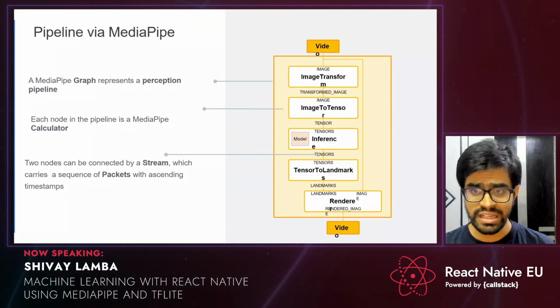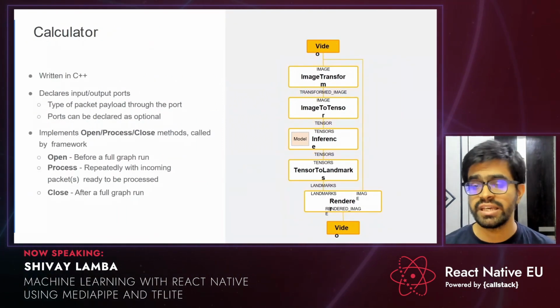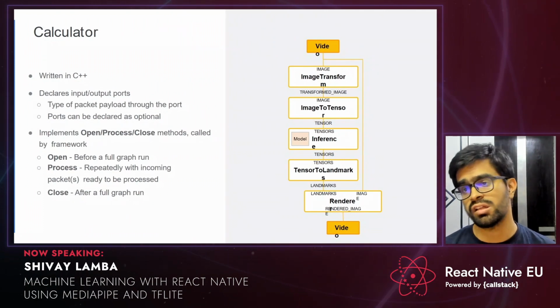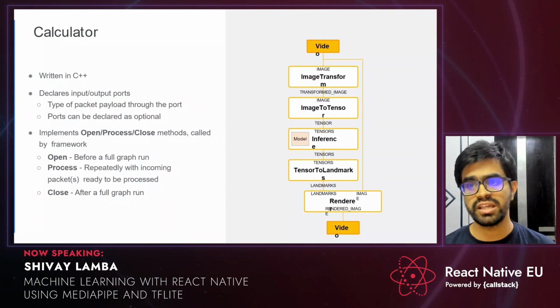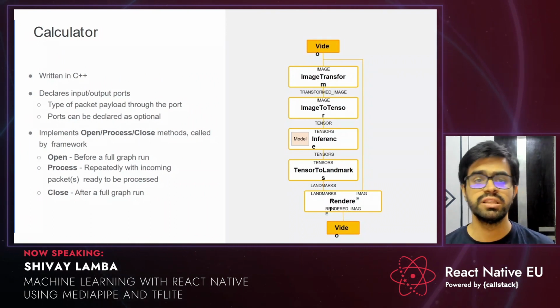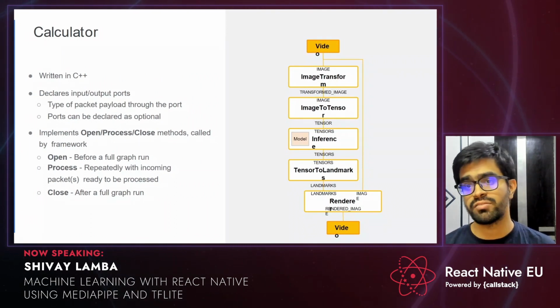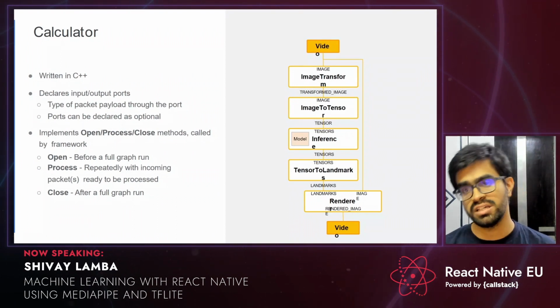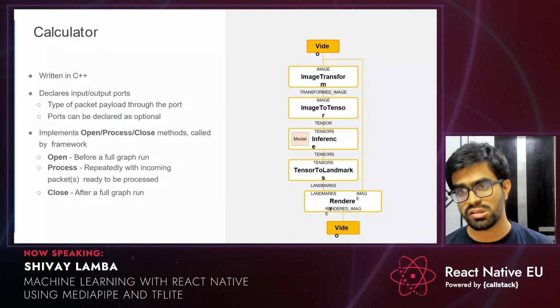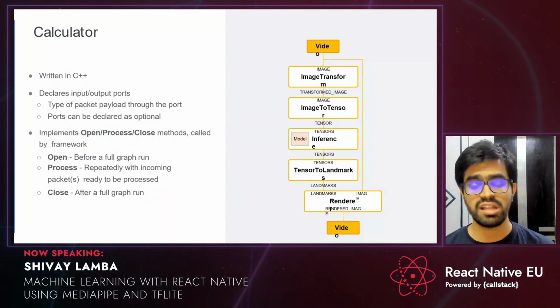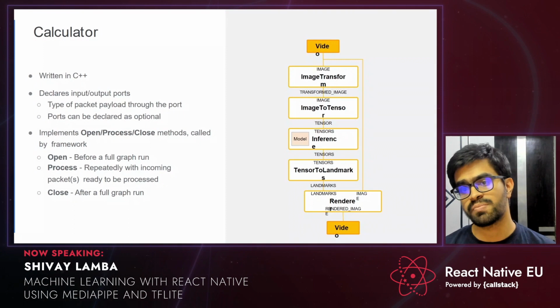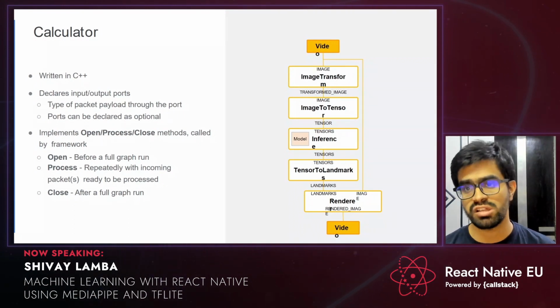Now, if we talk about the calculators that are representing the nodes, they have been written in C++, and they declare both the input and the output ports: what kind of input they expect when an input comes to them via the packet, and, once some kind of processing has been done, what the expected output is that they will be sending to the next node.